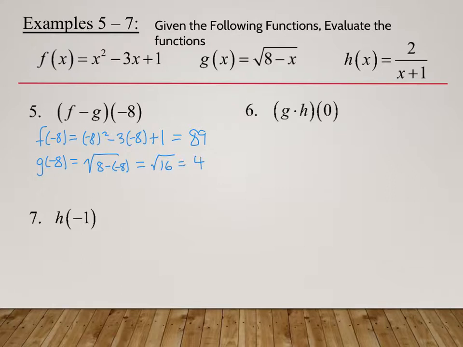Now when we do f minus g of minus 8, we just get 89 minus 4, which is equal to 85. So there's our answer.